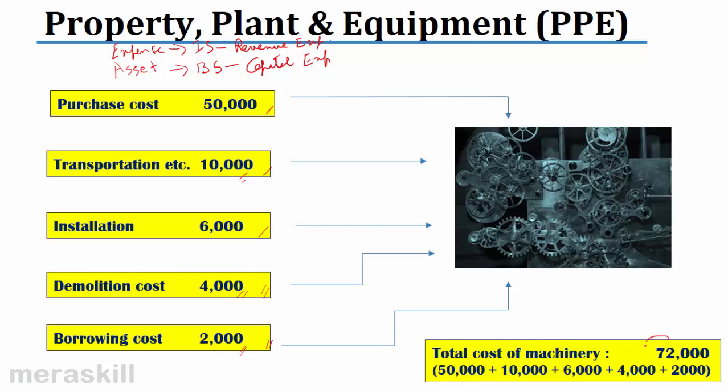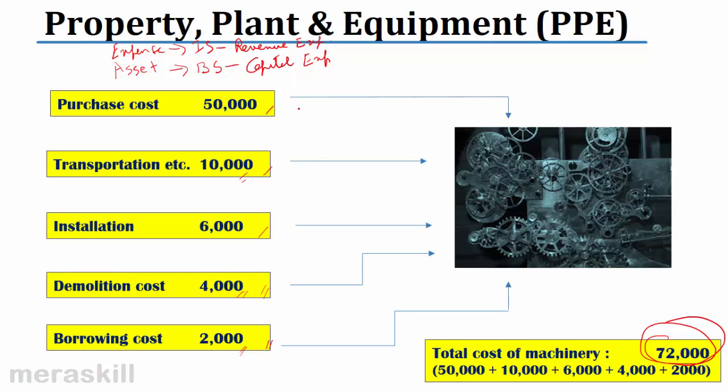It has become 72,000. So here we see there are certain expenses which I would normally call expenses, which normally would go to the income statement. These are capitalized.